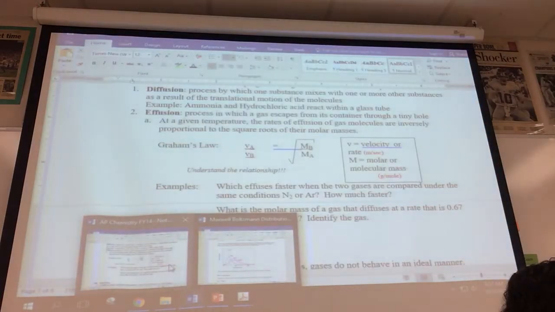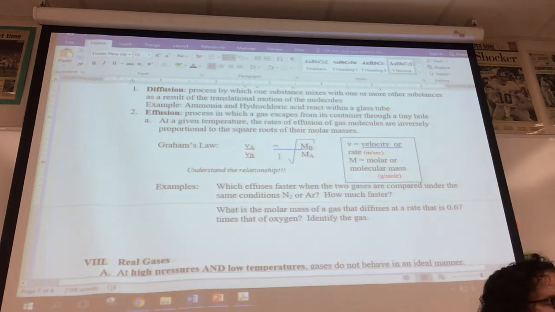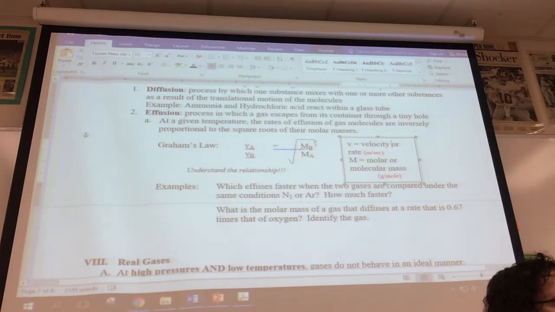You actually know how to do this already. This is Graham's law from last year, where the velocity of gas A over the velocity of gas B is equal to the square root of the molar mass of gas B over the molar mass of gas A. Again, note the crisscross, the inverse relationship, square root though. Be very careful there. All right?